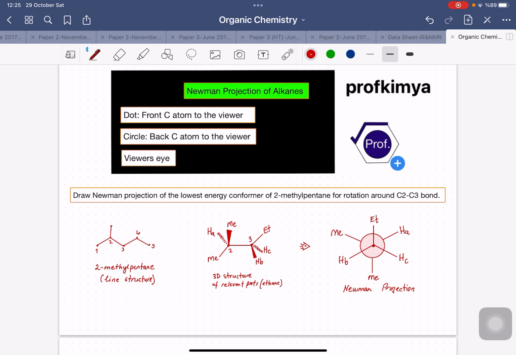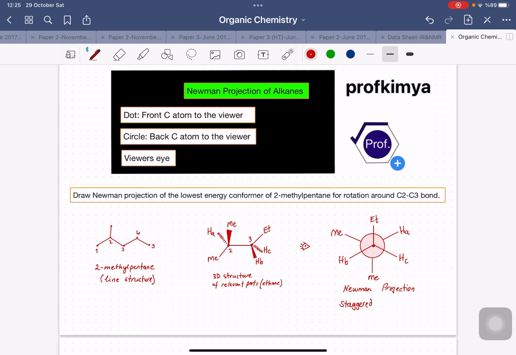This Newman projection shows staggered conformation. Staggered conformation has always lower energy than eclipsed conformation.